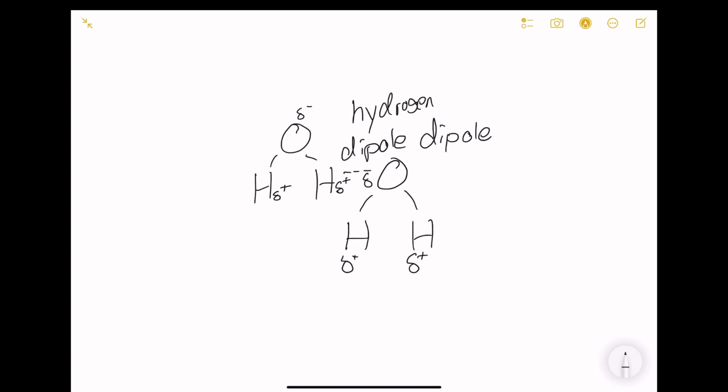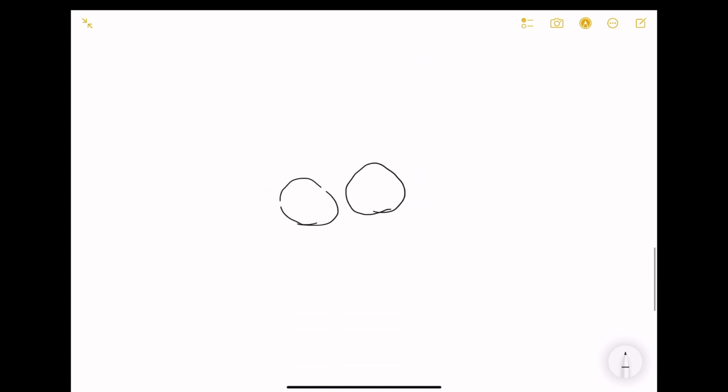Now, another bond that will occur is the induced dipole bond. The induced dipole bond happens because water is a polar compound. And when polar compounds go near each other, it rearranges the electrons within the compound, making one side partially negative and one side partially positive.